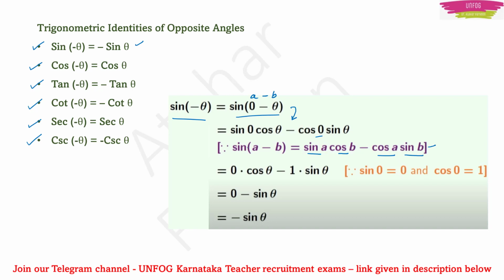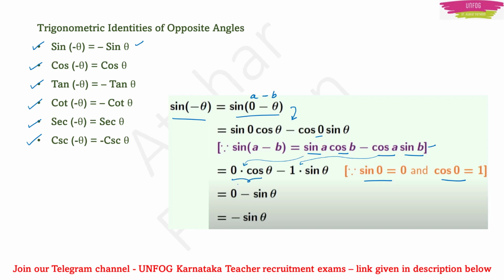Now sine 0 is 0 and cos 0 is 1. You know the trigonometric tables, right, the trigonometric ratio values along with angles? I have told about this in the previous class, and I will tell it in the present class also, later. When you substitute, the first term will become 0 because sine 0 is 0, and this will become 1 because cos 0 is 1.